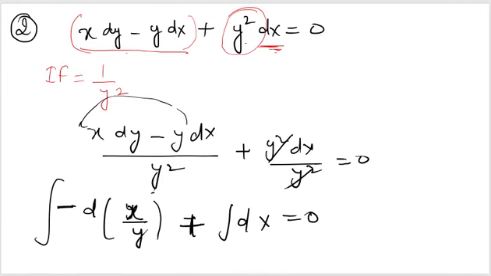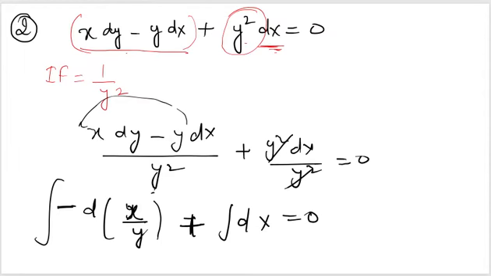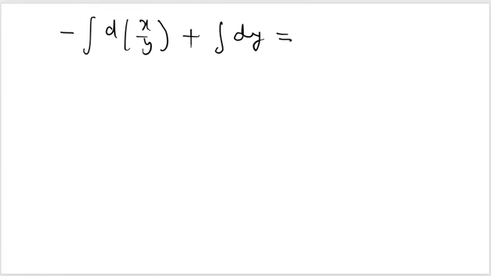And when you integrate both sides, what will we get? We are going to get here minus x by y plus d of y equals, just a minute, no, it was d of x equals 0.